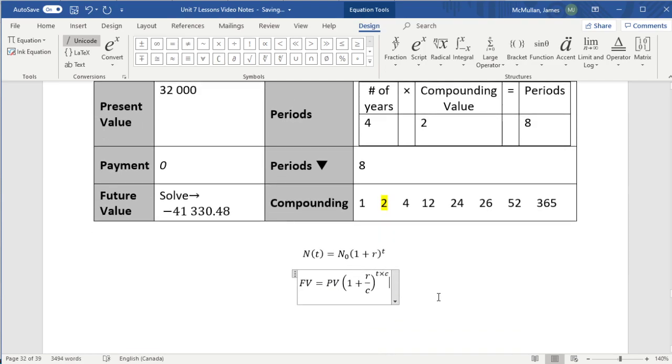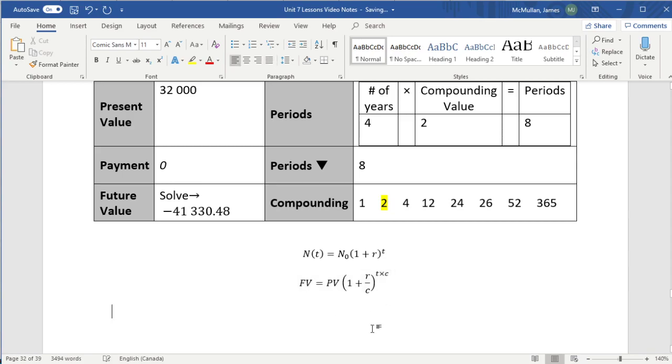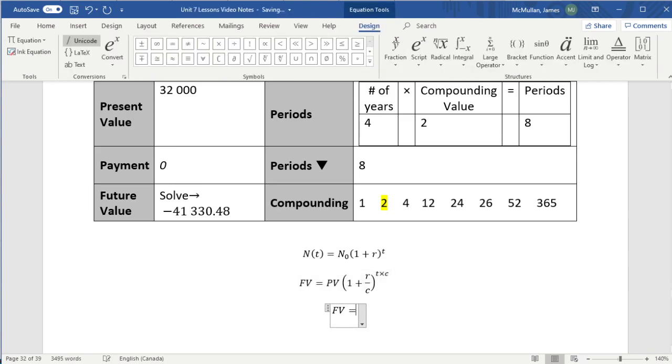Okay, so like that. And what would this look like if we were doing it by hand? The present value is 32,000. Then we do 1 plus 0.065, because it's 6.5% interest, written as a decimal, divided by 2, to the power of 4 times 2.